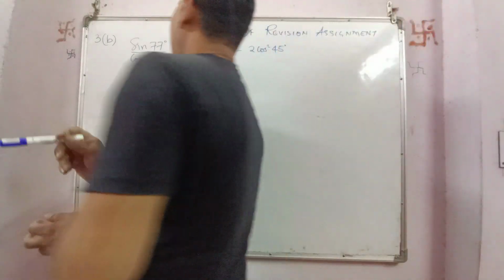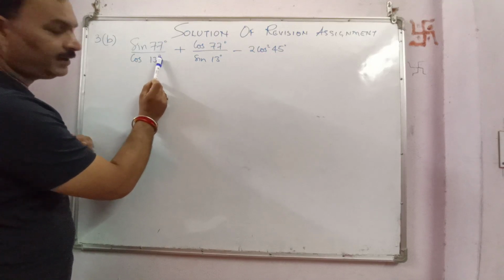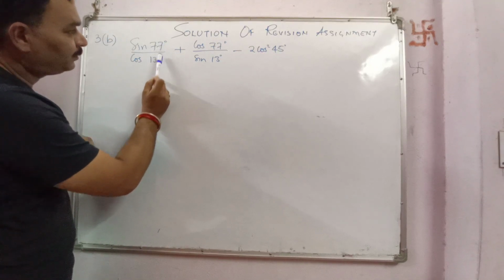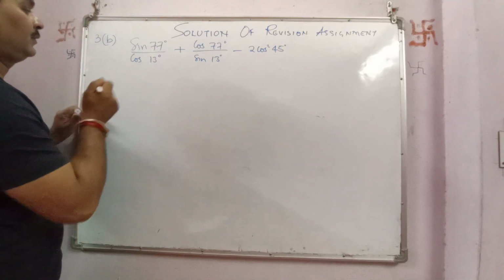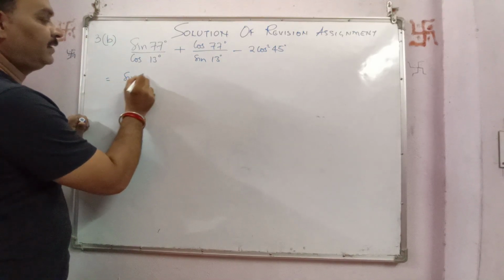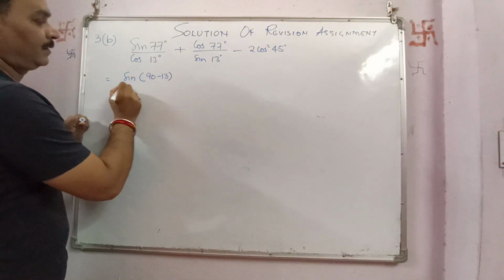Now this question is based on the trigonometrical ratios of complementary angles. Now clearly see that 77 plus 13 is 90. That means both of them are complement of one another.